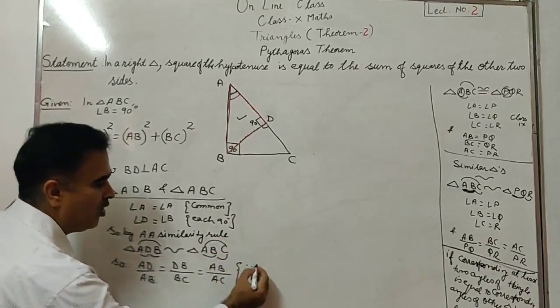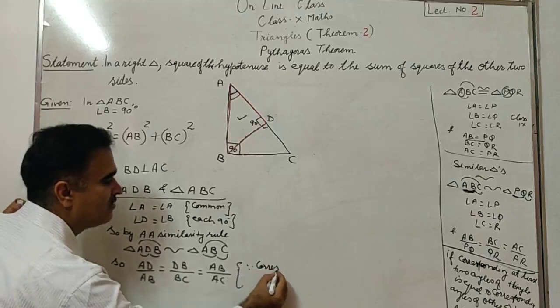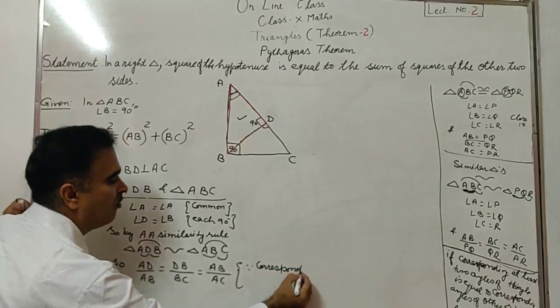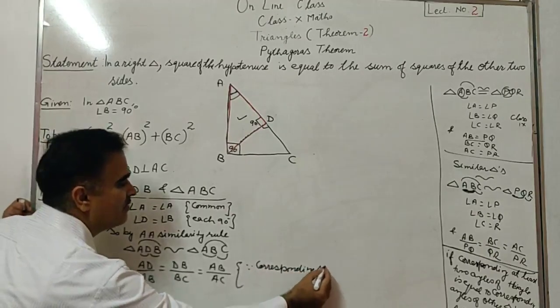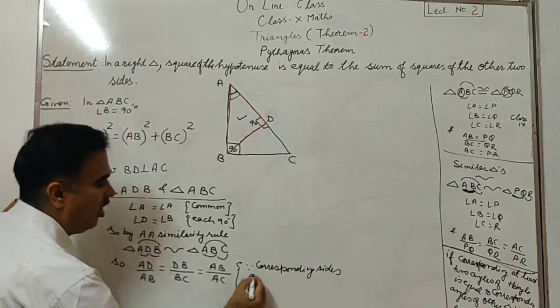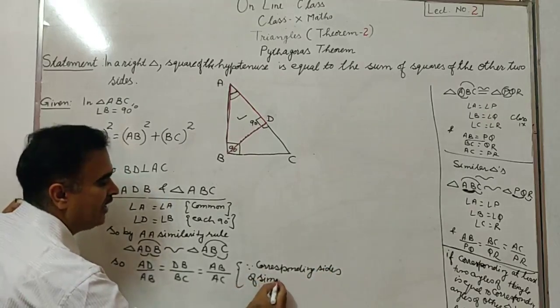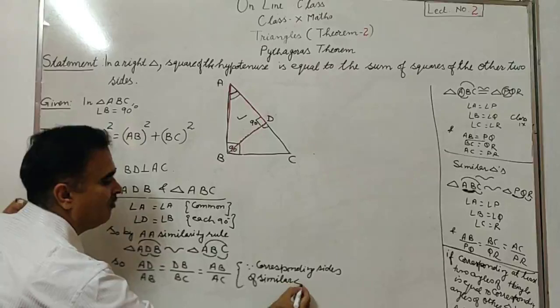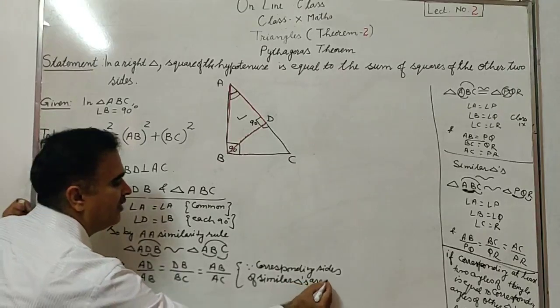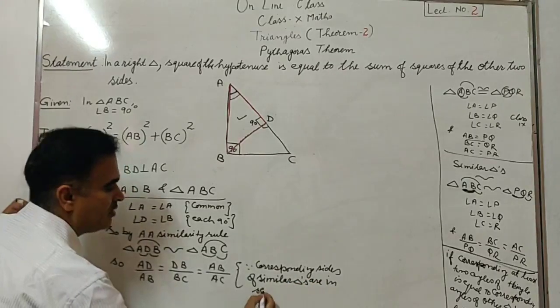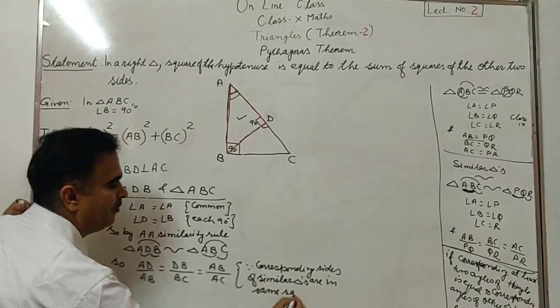We can write this because corresponding sides of similar triangles are in the same ratio.